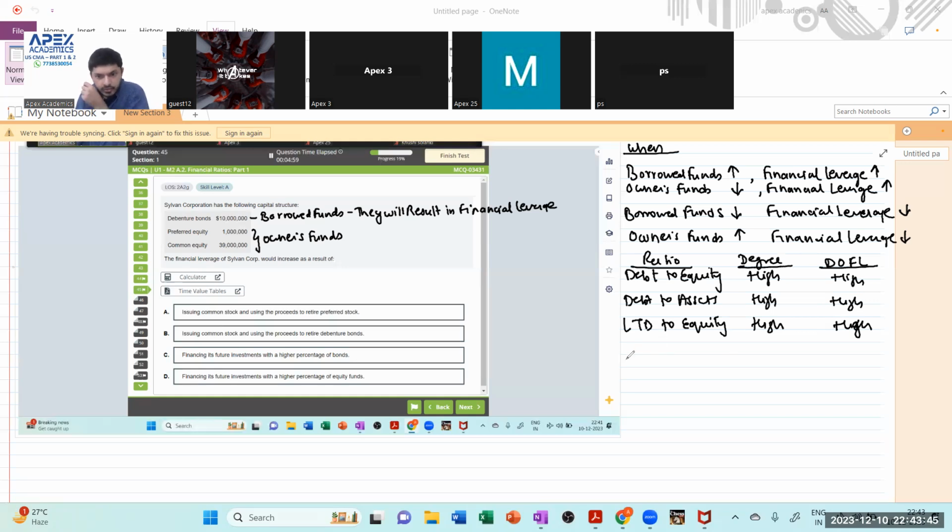But why are they high? Because debt is high. But when debt to equity is low, the degree of financial leverage is low.